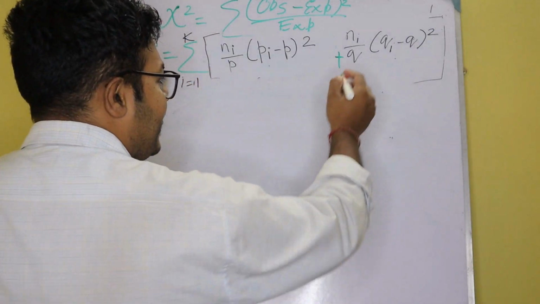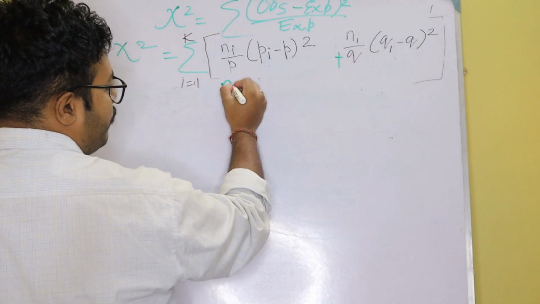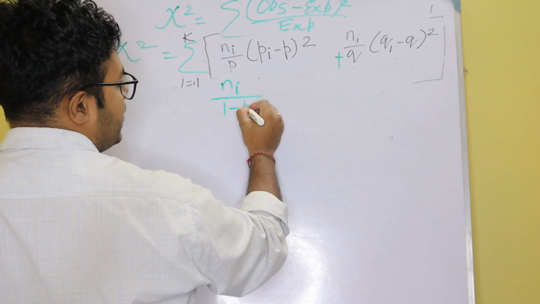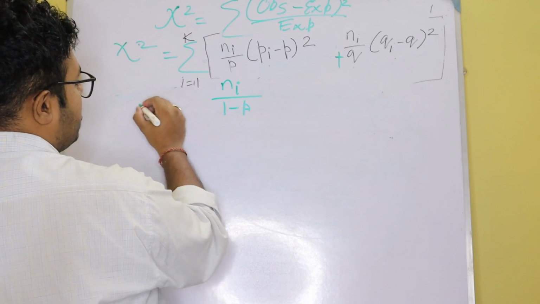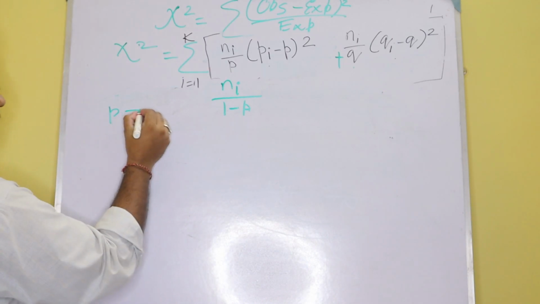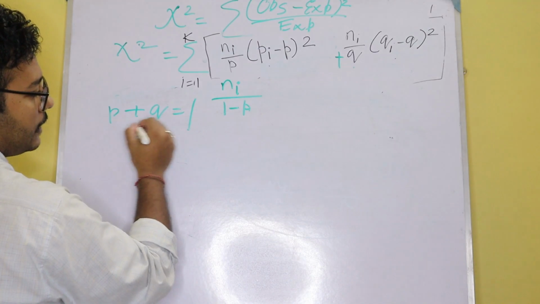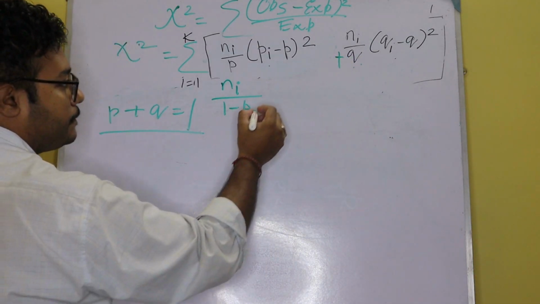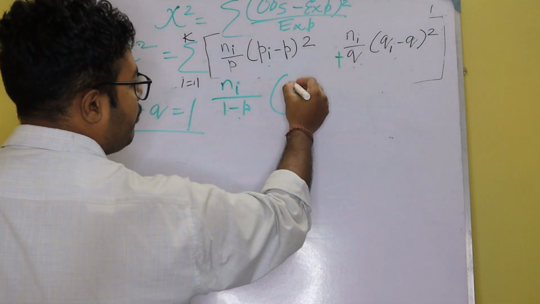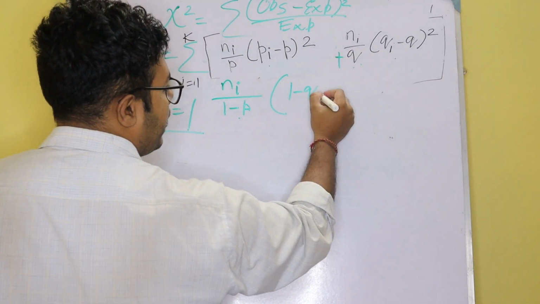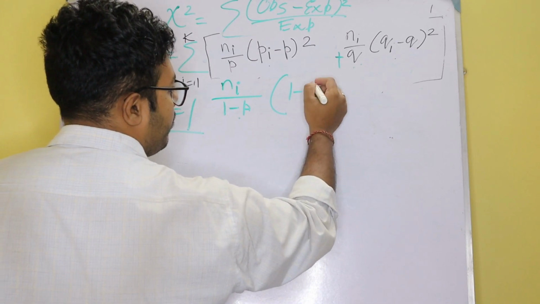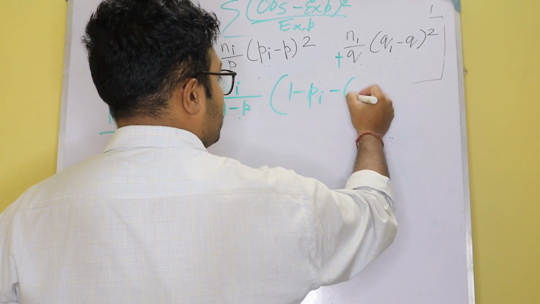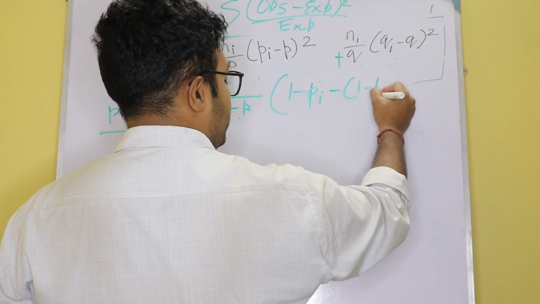Now see, in this second expression, in place of q, I put 1 minus p. Why? Because p plus q is equal to 1. This was the expression. So in place of q, I can write 1 minus p, in place of qi also, I can write 1 minus pi.